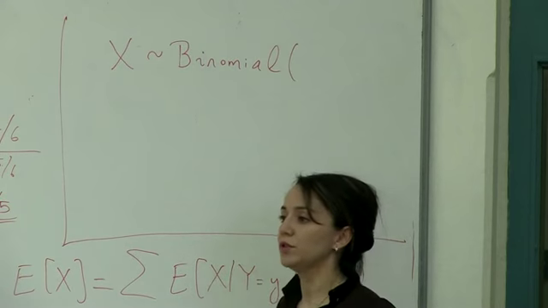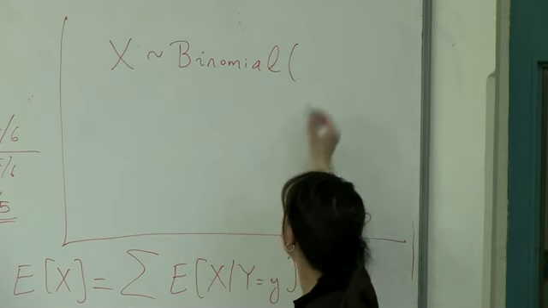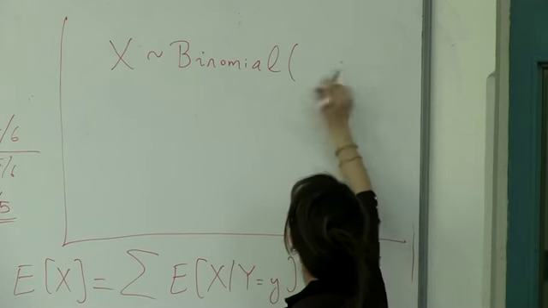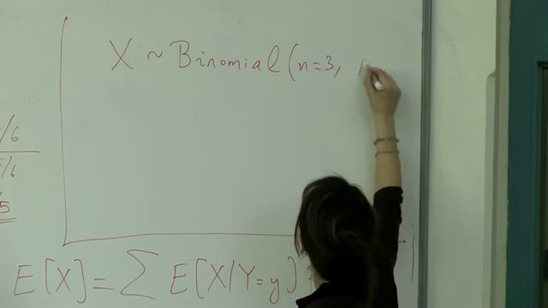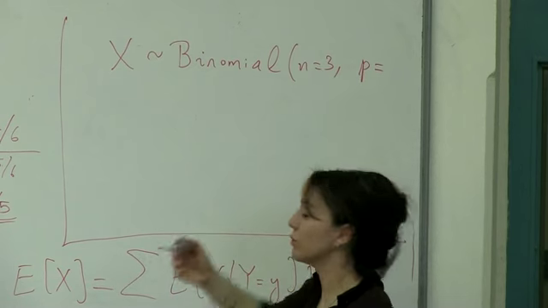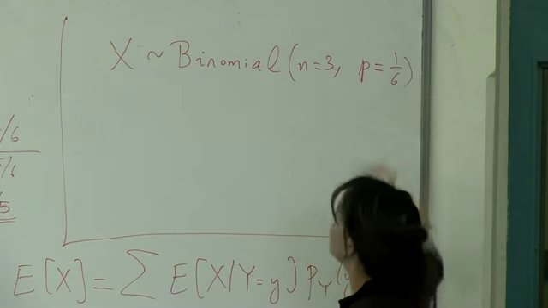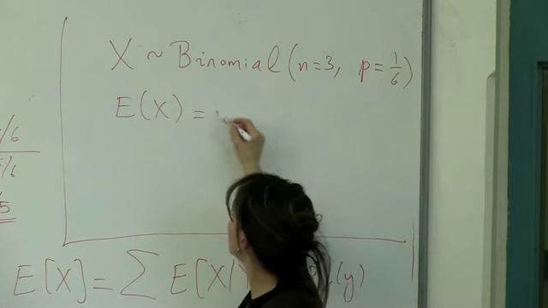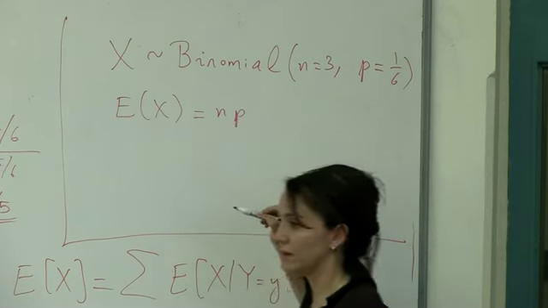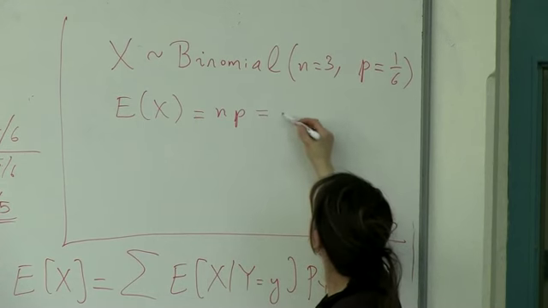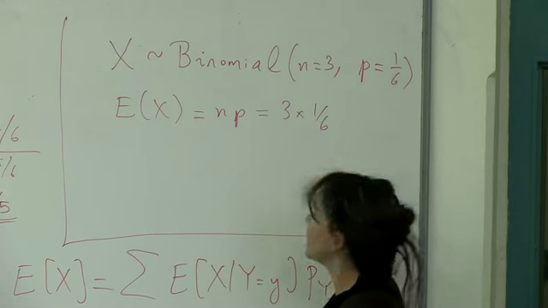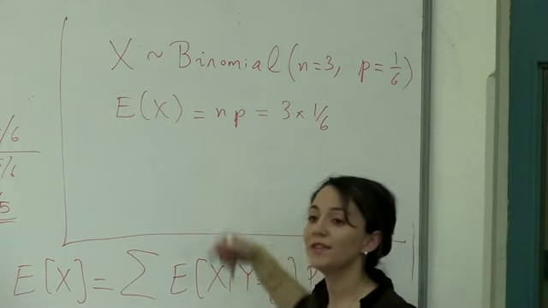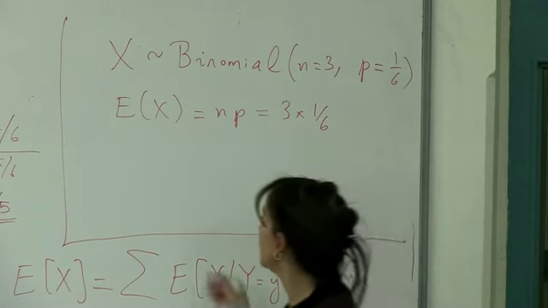Here, how many Bernoulli trials are there? 3. What is the probability of success? Maybe let's say n equals 3 and p is 1 over 6. If you remember, the expectation of a binomial is n times p, which is 3 times 1 over 6. But I asked you, rather than memorizing this, to think about it in the following way.